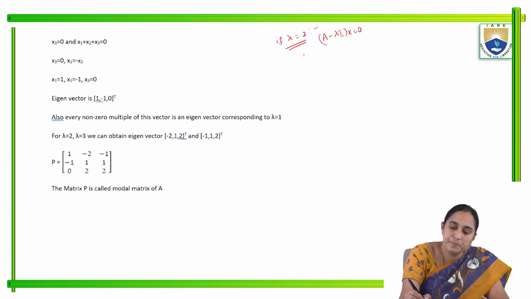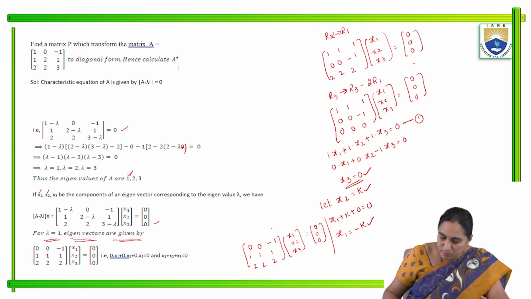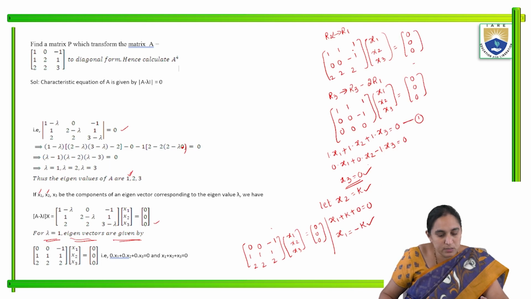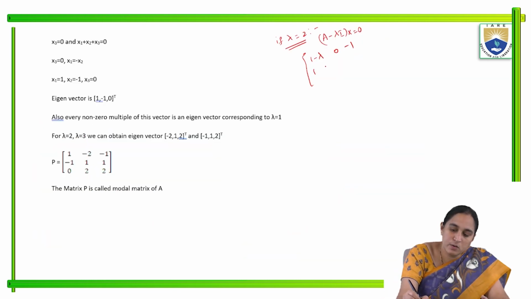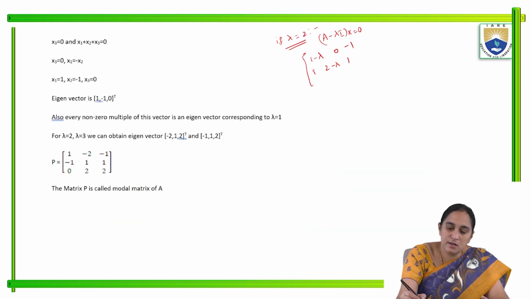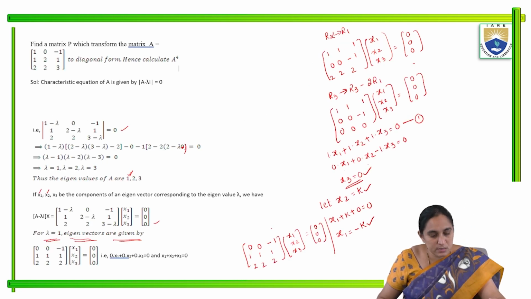From that, what is A minus lambda I into x? That is 1 minus lambda, 0 minus 1, 0 minus 1, and next 1, 2 minus lambda, 1, and 1, 2, 2, 3 minus lambda, into the unknown values x1, x2, x3 is equal to 0, 0, 0. Okay, once observe there, is it right or not?